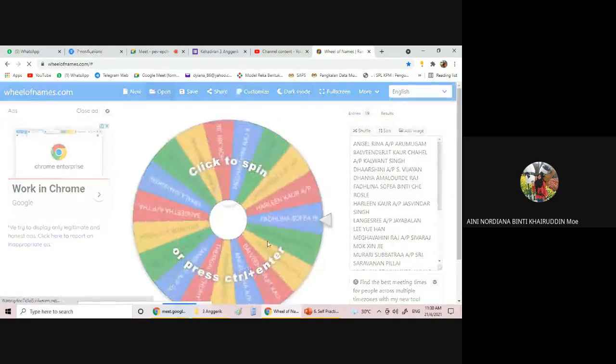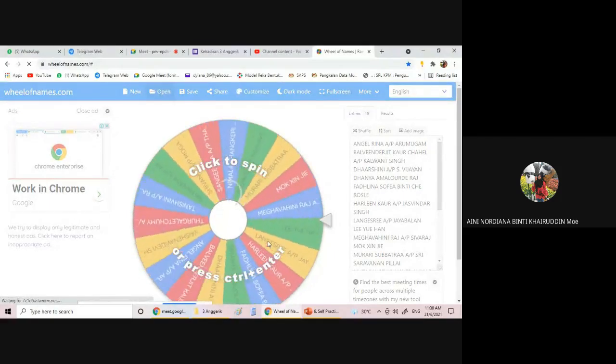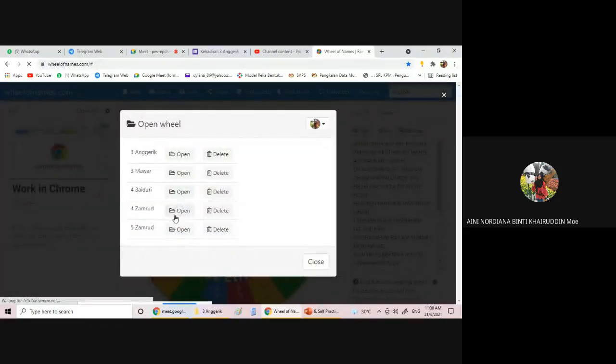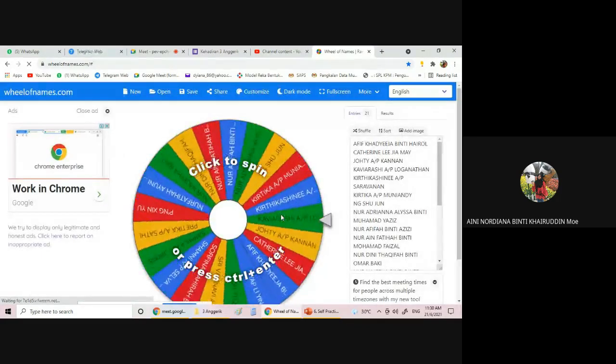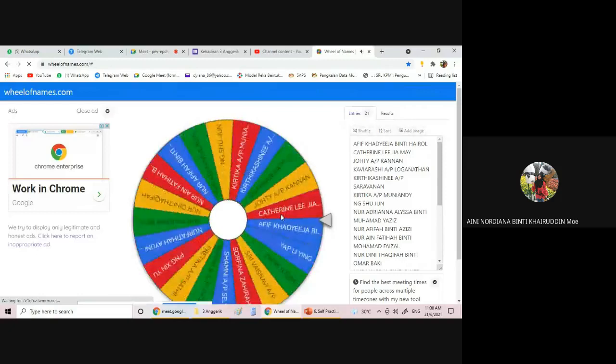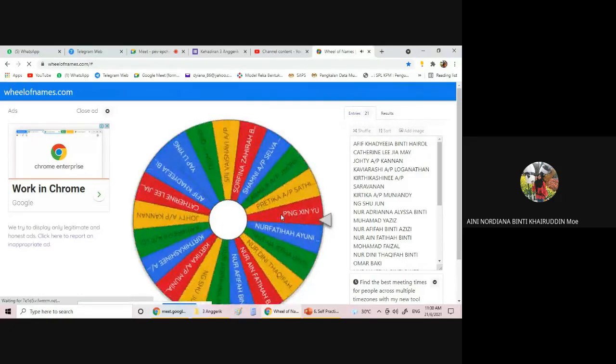Okey, sekarang kita akan tengok siapa yang perlu hantar homework hari ni. Siapa dapat? Siapa dapat ni? Jom kita tengok. Who is the lucky person?